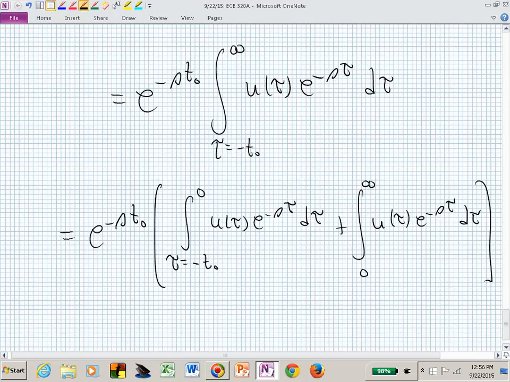Everybody comfortable with that calculus operation? We're just separating this integral into two pieces. What is this u of tau between minus t naught and 0? What's its numerical value? Now you would replace tau in the argument with a negative number.